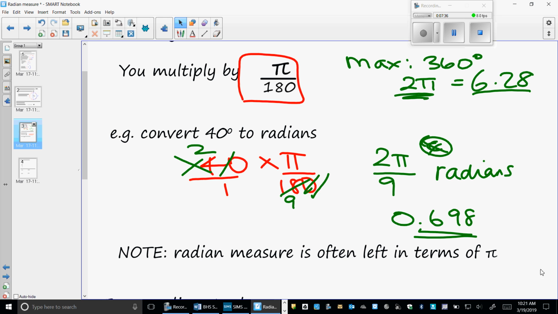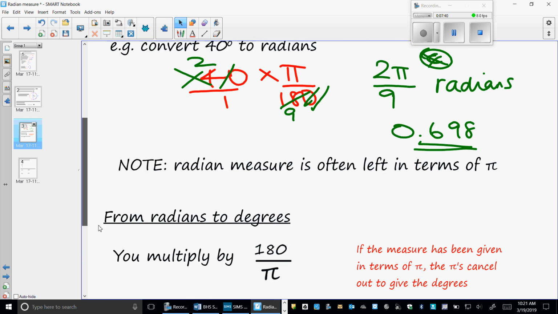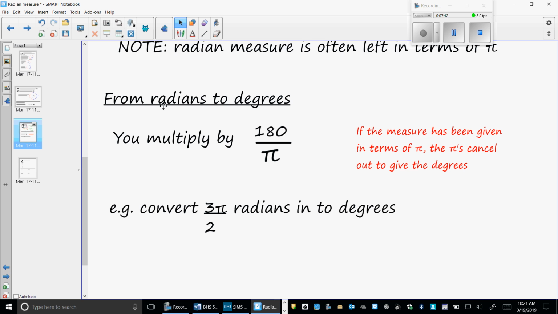As I said here, radian measure is often left in terms of pi. Not always, but it often is. If you're changing from a radian to a degree, then you would multiply by the reciprocal of it. So you would multiply by 180 over pi. Now, if they've given you their measure in terms of pi, let me talk about the other way.